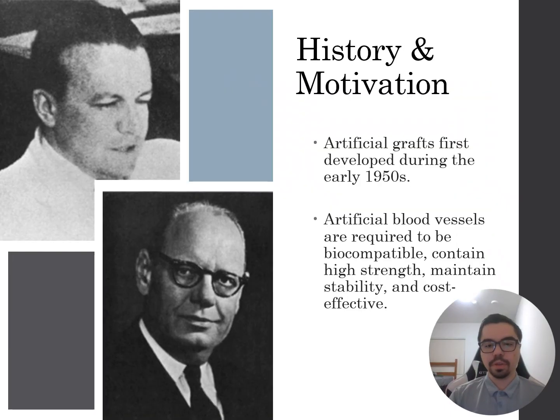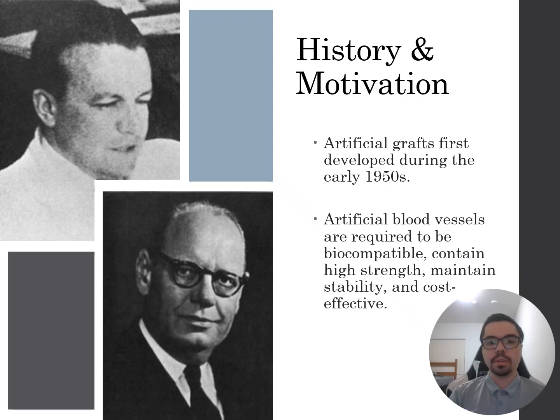So, quick walkthrough of the history. Artificial grafts were first developed in the early 1950s. On the left, you can see a picture of Arthur Blakemore and Arthur Voorhees. They did very early synthetic graft work, and they were some of the first to successfully create artificial blood vessels for human patients.